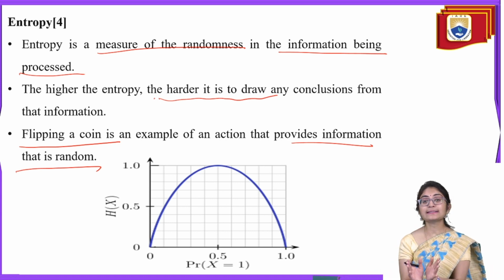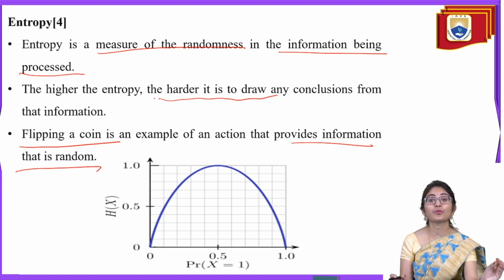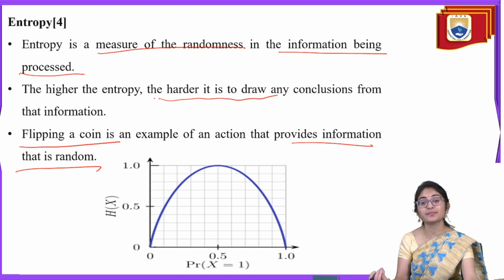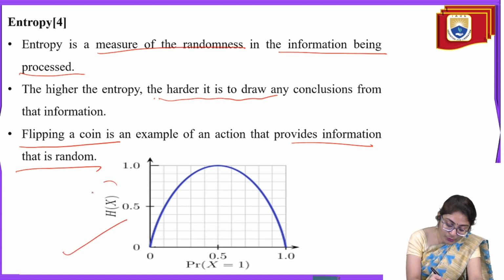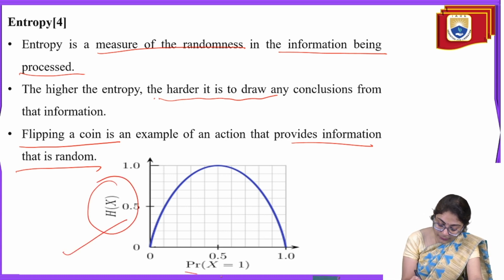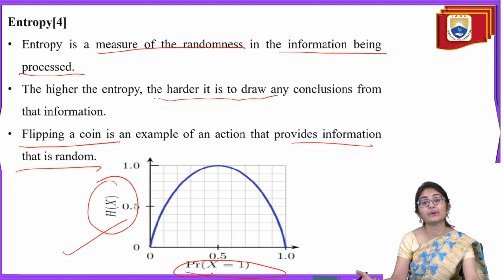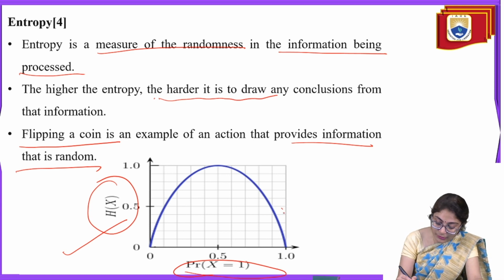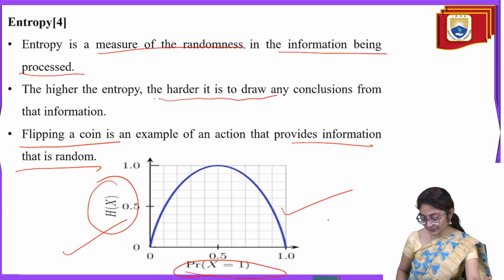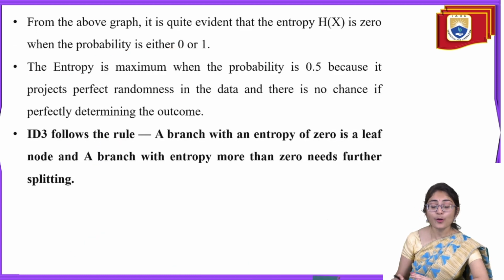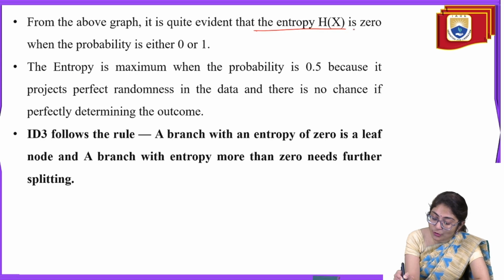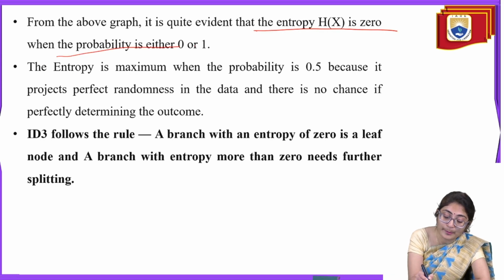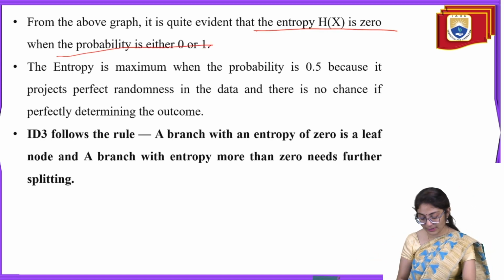So this shows the action you have taken for providing the information, and here the information is provided randomly. This is your diagram. It is showing H of x against the probability of x equal to 1, and this is your entropy. From the above graph, it is quite evident that entropy H of x is 0 when the probability is either 0 or 1.